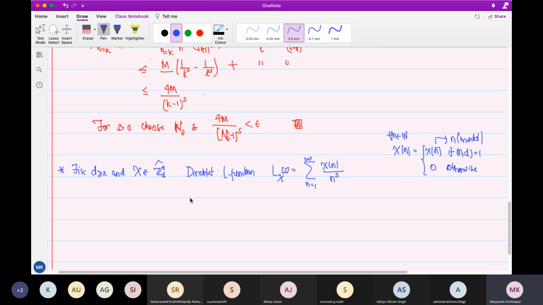So the point is, for the Dirichlet L function, for what s will this converge? There are two cases. First let's take the non-trivial case. If chi is not equal to the trivial character, then the partial sums are bounded.